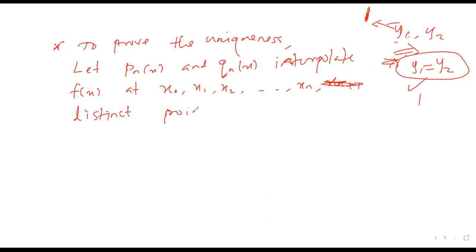If you are taking two interpolations, then P_n(xi) we have proved earlier for the Lagrange interpolating polynomial is equal to yi. Also if I take Q_n(x), I can prove it is yi too.